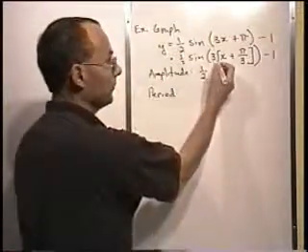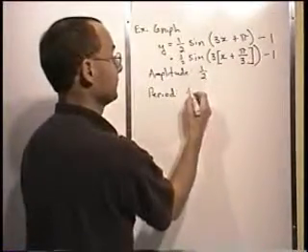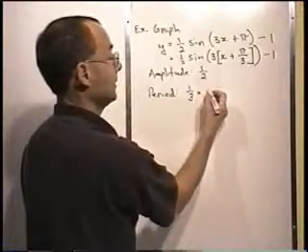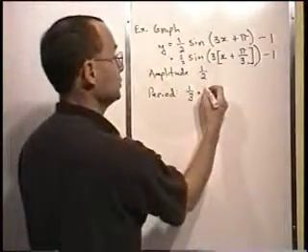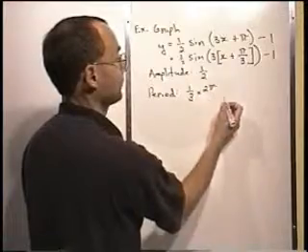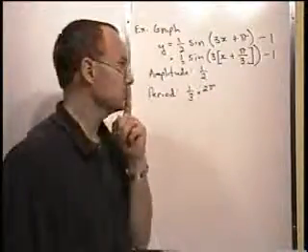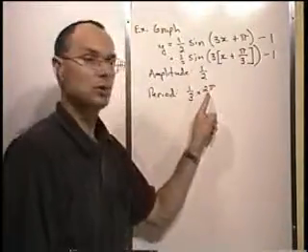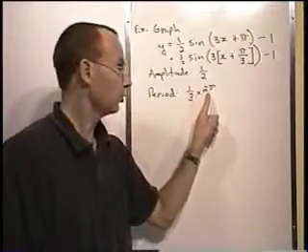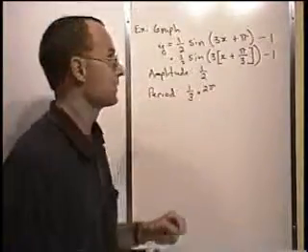So the period: I take the reciprocal of 3, so 1/3, times the normal period of sine, which is 2 pi. Now, just take a moment here: how do I know I shouldn't use 360 degrees? Why did I use 2 pi?